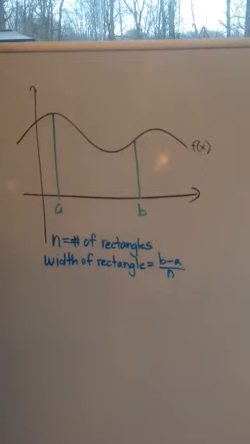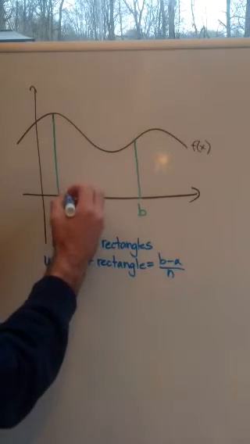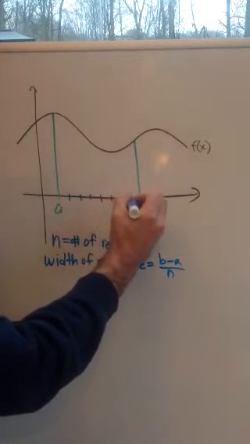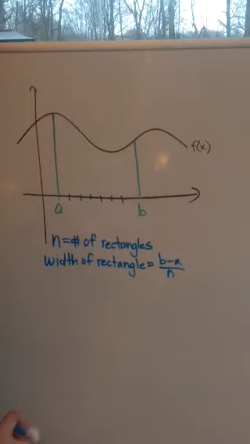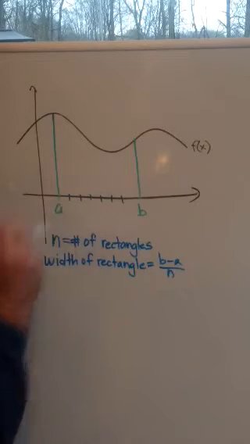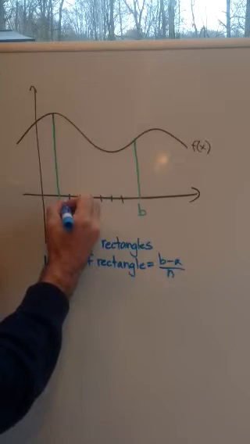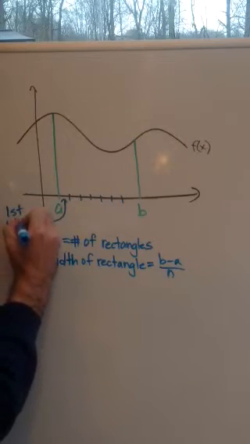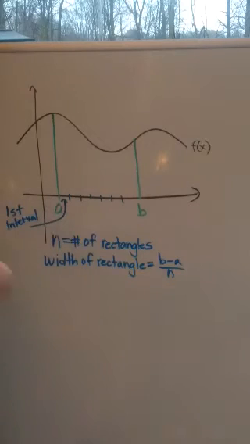Okay, so really what we're looking at here is for each one of the particular rectangles that we have, we're going to have to figure out a height. So on my first interval here, I'm going to select some point on the interval. Now we've been using left endpoints, right endpoints, and midpoints, but you could literally take any one of the points on that first interval.